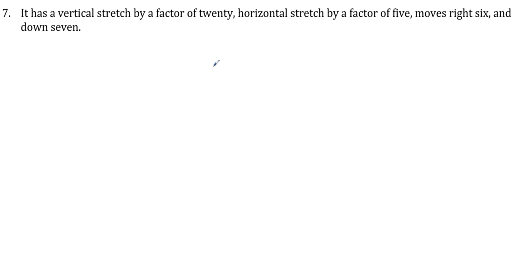We have a little bit more. That's a little bit more complicated. We're going to have a vertical stretch of factor of 20. So I'm going to write 20 times, I'm going to call this h of x, all right? And I have a horizontal stretch factor of 5. This is where people make the mistakes. This should be a good parentheses right here. I'm going to have 1 over 5.